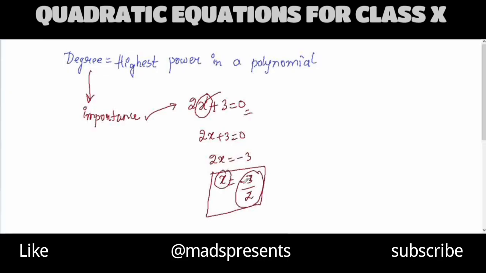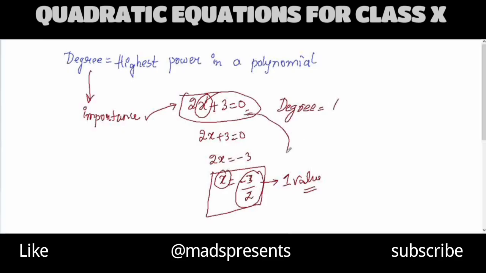How many values are we getting for x here? Only one value. Without solving, I can tell you that this equation has highest power 1, so the degree is 1.